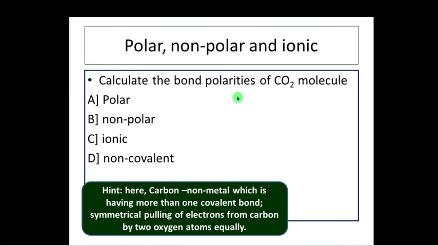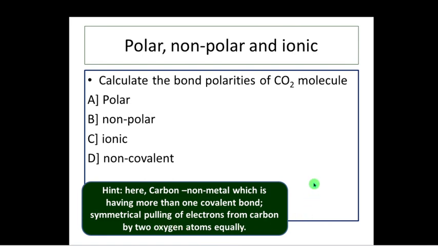Next question. Calculate the bond polarity of the CO2 molecule, whether it is polar, non-polar, ionic or non-covalent. As usual we need to focus on the geometry, which is important, and also on the electronegativity difference. Here the hint: carbon is a non-metal having more than one covalent bond, with symmetrical pulling of electrons from carbon by two oxygen atoms equally.